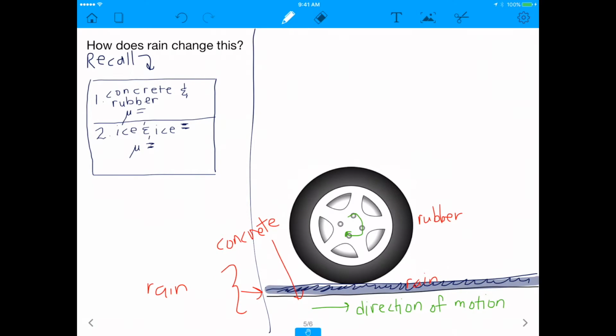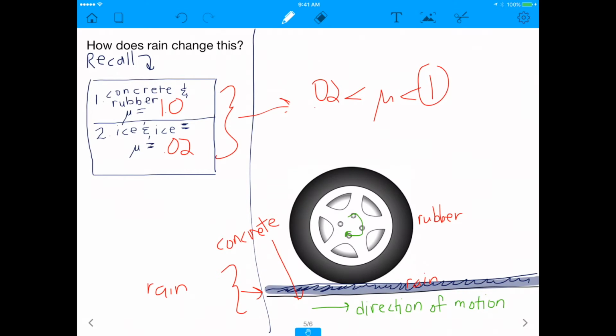And if you go back, remember, look at the left of the screen right now. If you recall, the coefficient of friction between rubber and concrete was 1, and between ice and ice was about 0.02. Okay, so it's hypothetically easier to assume that if you have rubber and then you have concrete and then you have a little bit of rain, the resulting coefficient of friction is going to be less than 1, but greater than 0.02, right?